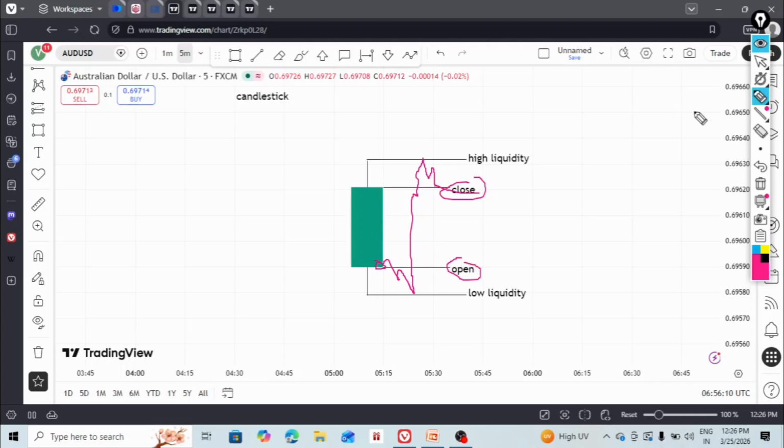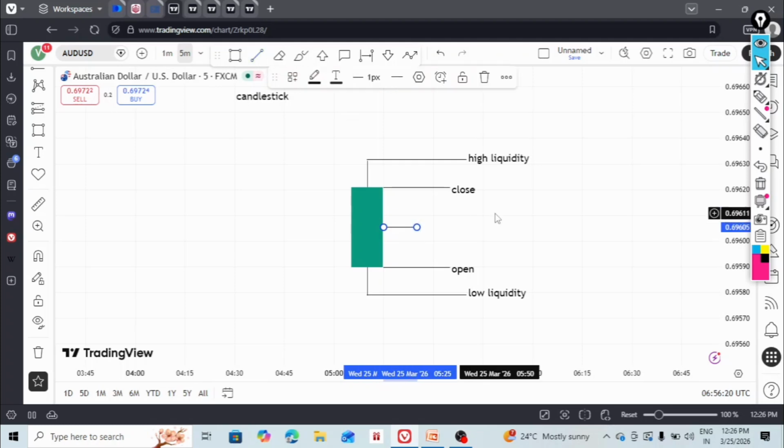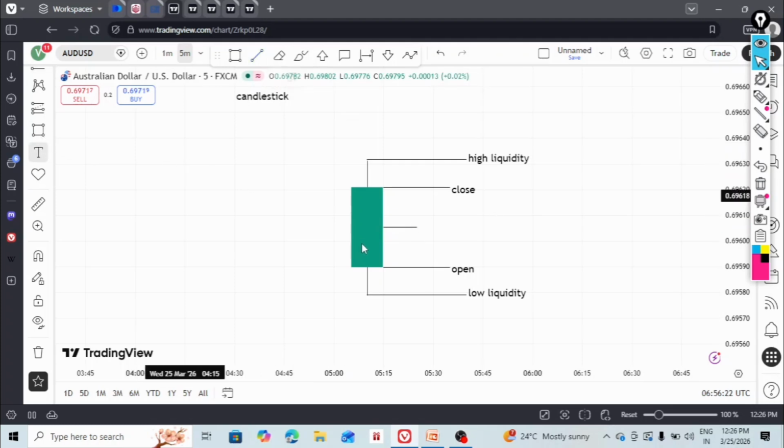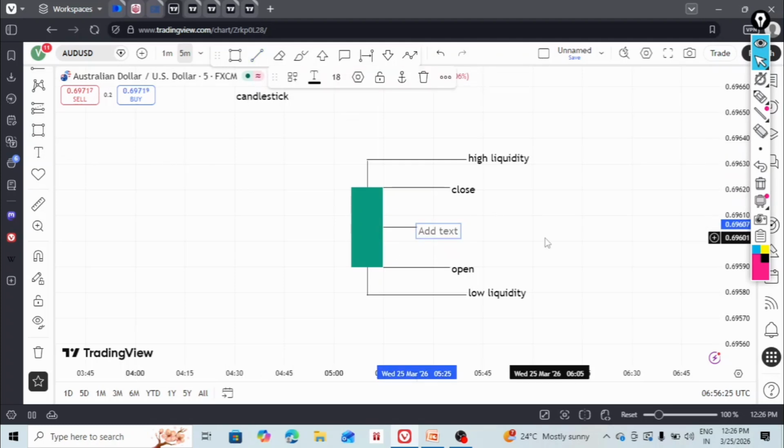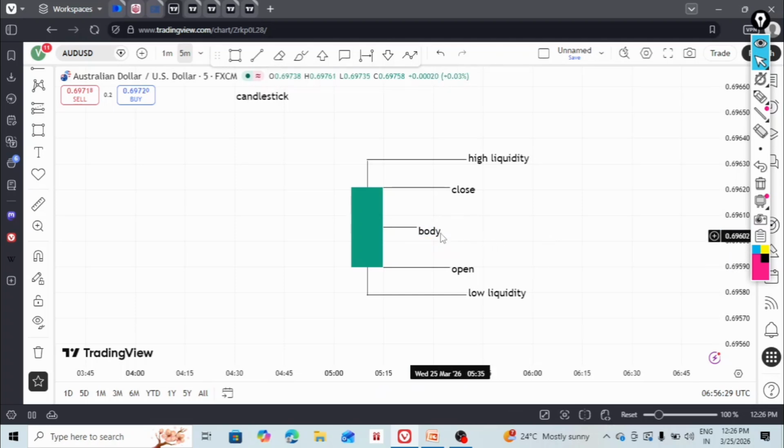The candle also has two main parts, which are the body and the wick. If we look here, this filled part is the body of the candle.